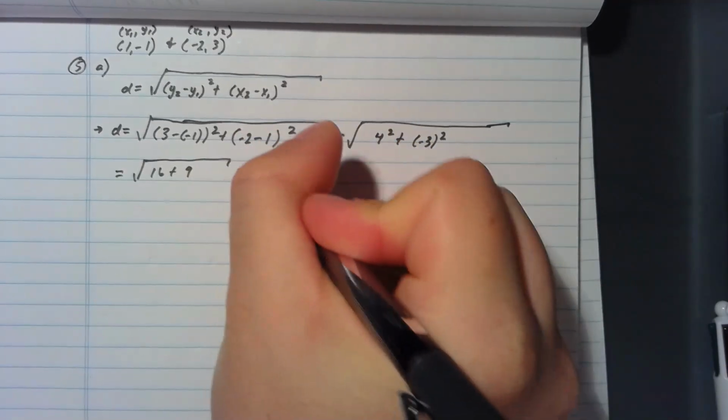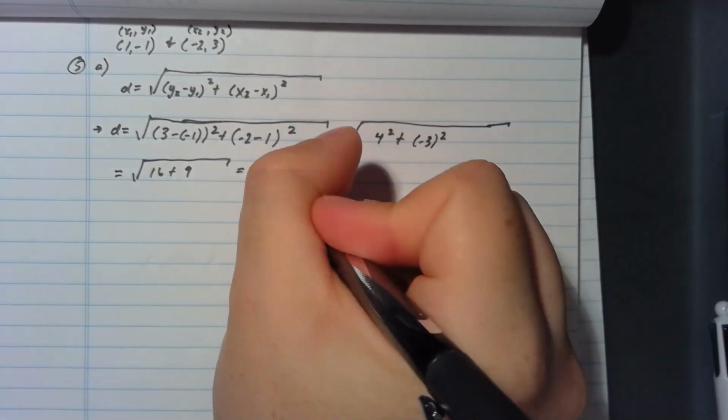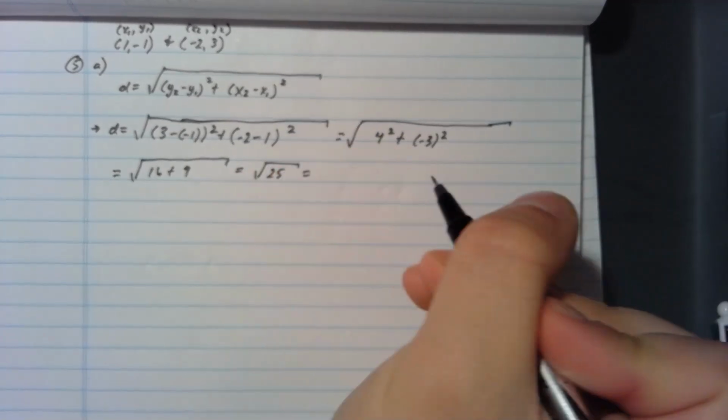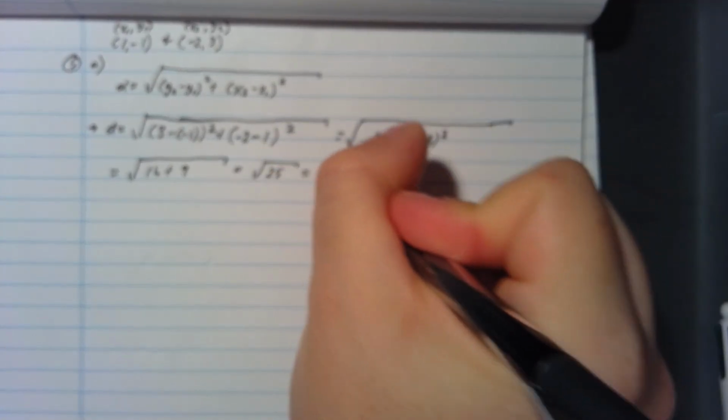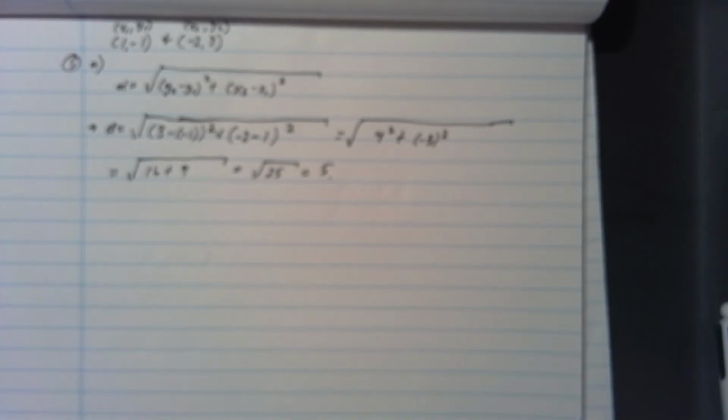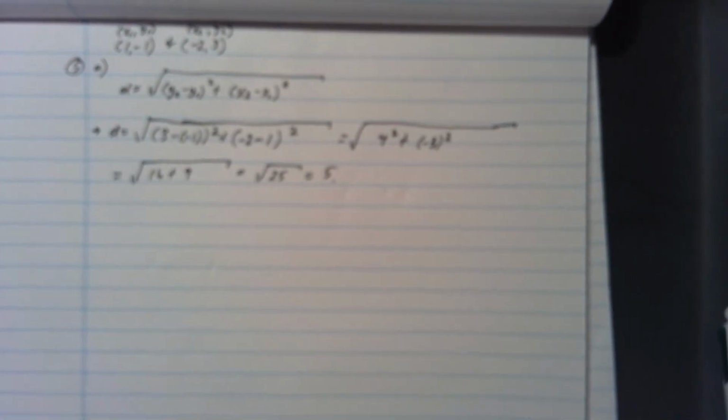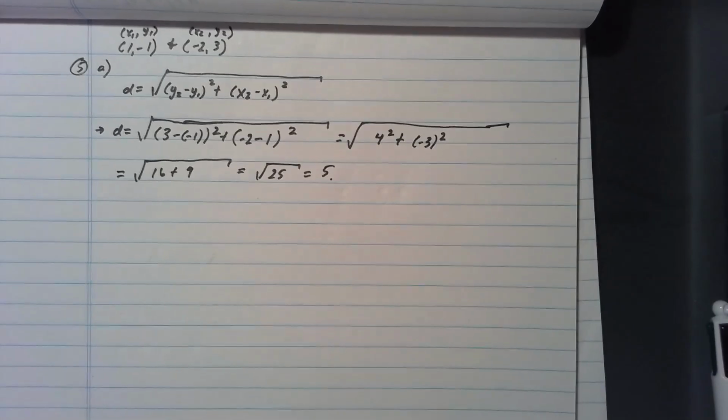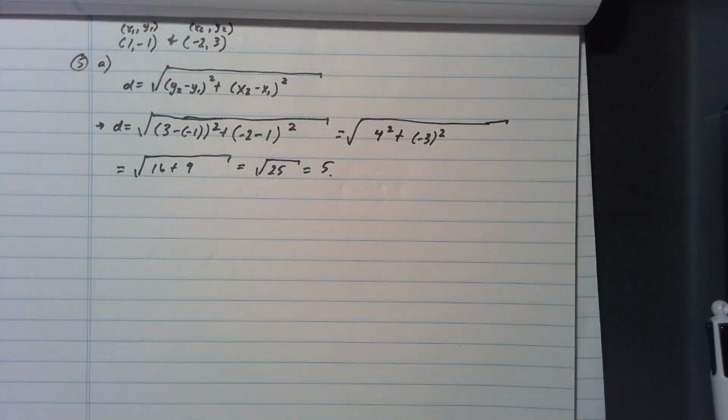So the square root of 16 plus 9 is 25. And the square root of 25 is 5. So there you go. That's the distance between those two ordered pairs.